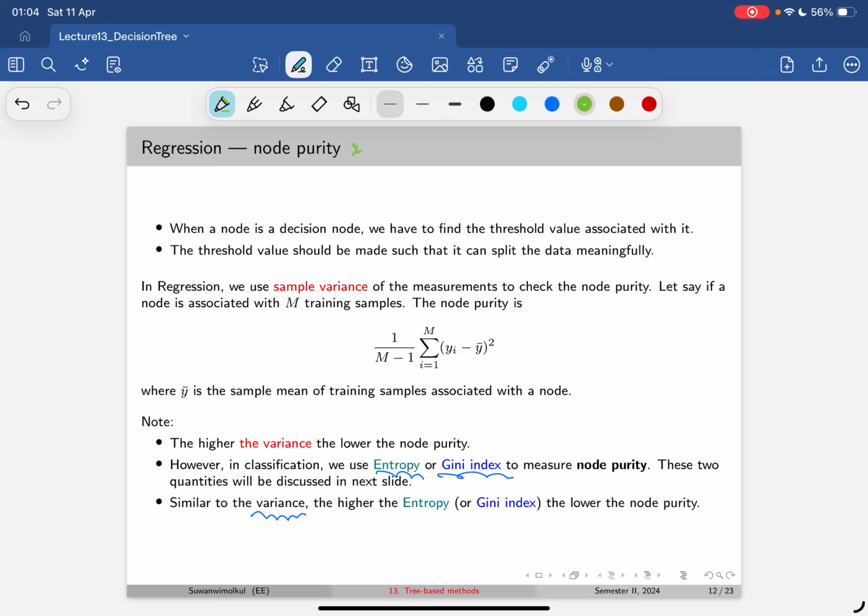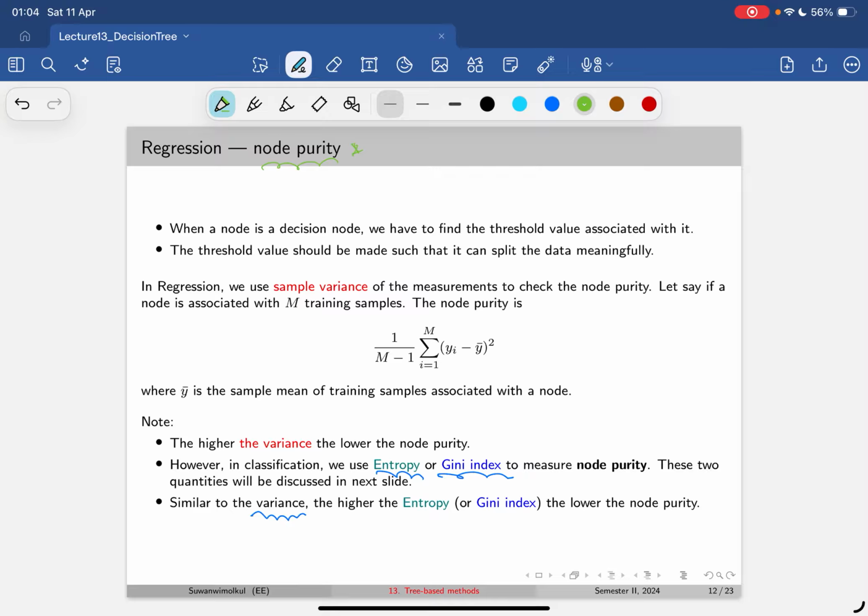The purity, if we are talking about the regression task, is actually the variance, the variance of the values in the data points of that region.